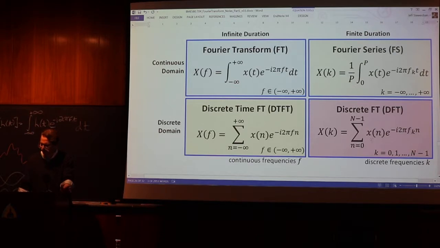A summation over finite frequencies of the function itself, which is finitely sampled at increments of n, times a complex exponential. So I don't want to be too dismissive of just, well, I changed the integral to a summation. But I think the analogy is clear.